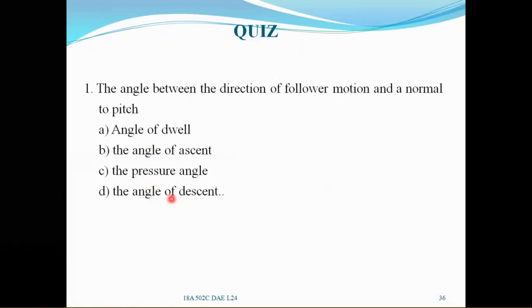This quiz is covered in our previous lessons on nomenclature of the cams. So simply C should be the answer in this case, pressure angle, because the direction of the follower and the normal to the pitch curve will give you the pressure angle, right? C will be the answer.